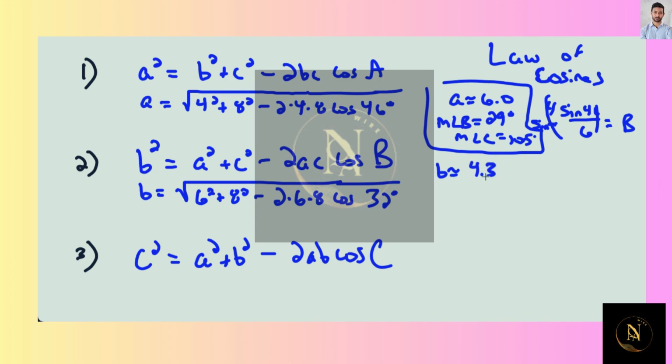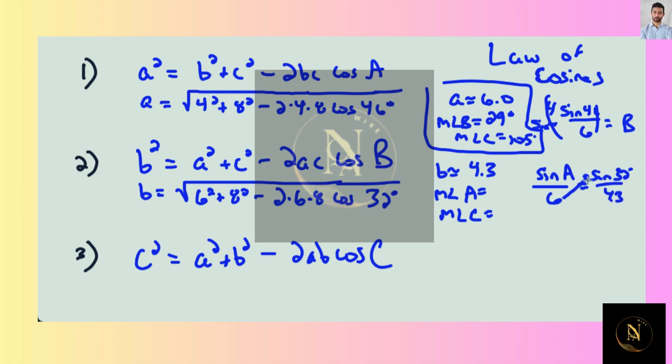And then we need to find the measure of angles A and C. So we can do the sine of angle A over its opposite side 6, and that's going to be, by the law of sines, equal to the sine of 32 degrees over side B, which we just found to be 4.3. So cross multiply the 6 and then take the inverse sine.